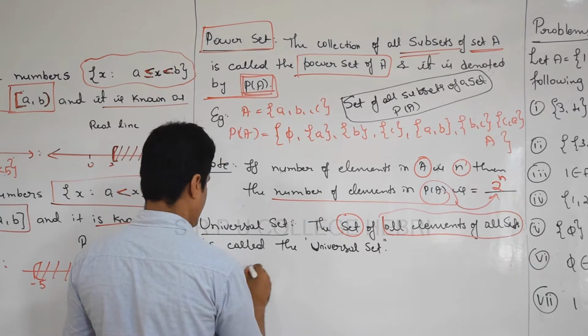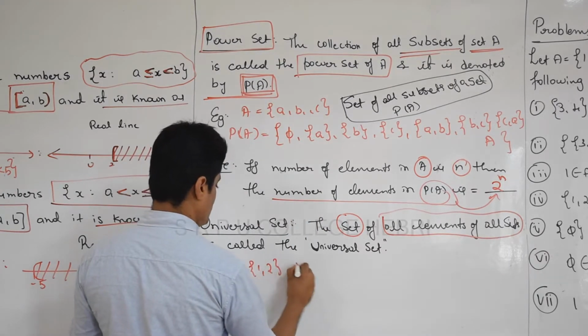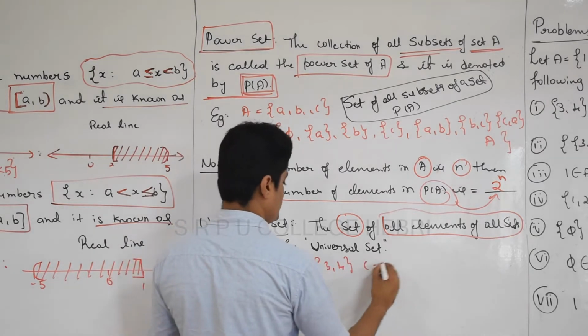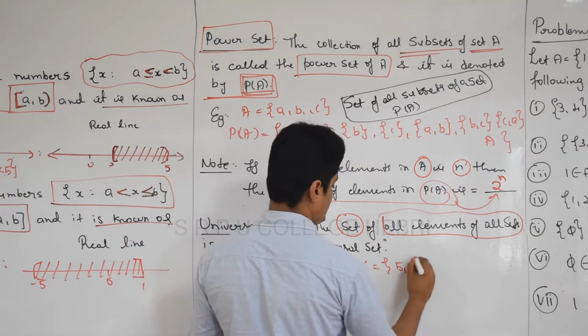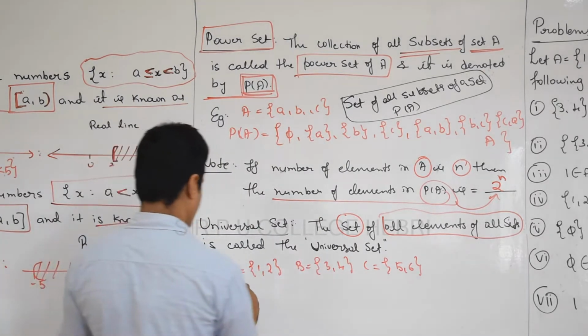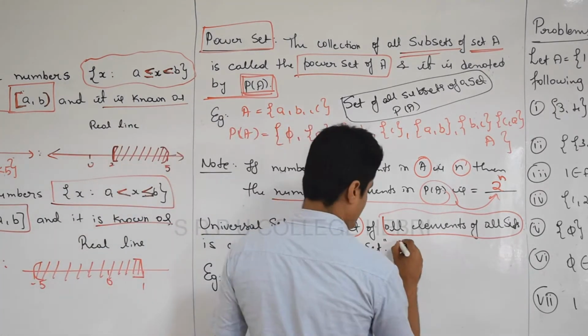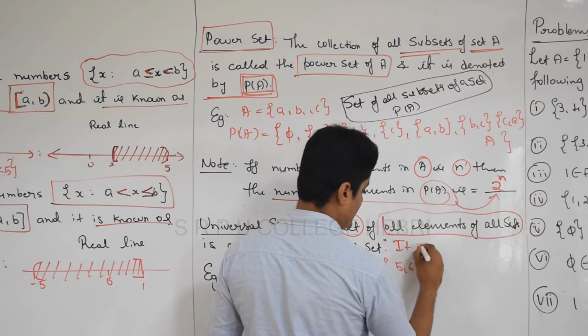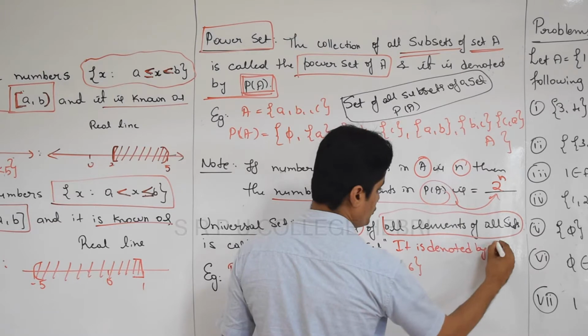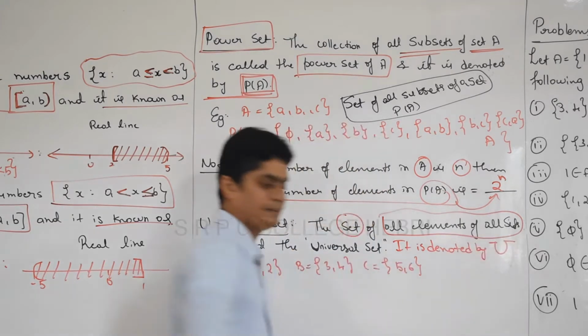For example, if A is equal to {1, 2}, B is equal to {3, 4}, and C is equal to {5, 6}, then if you want to write the universal set for these sets, here I can write one more piece of information.